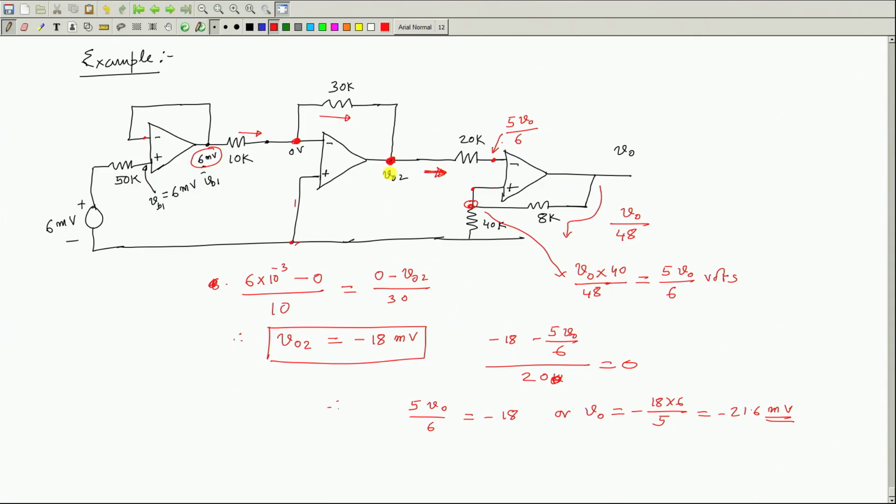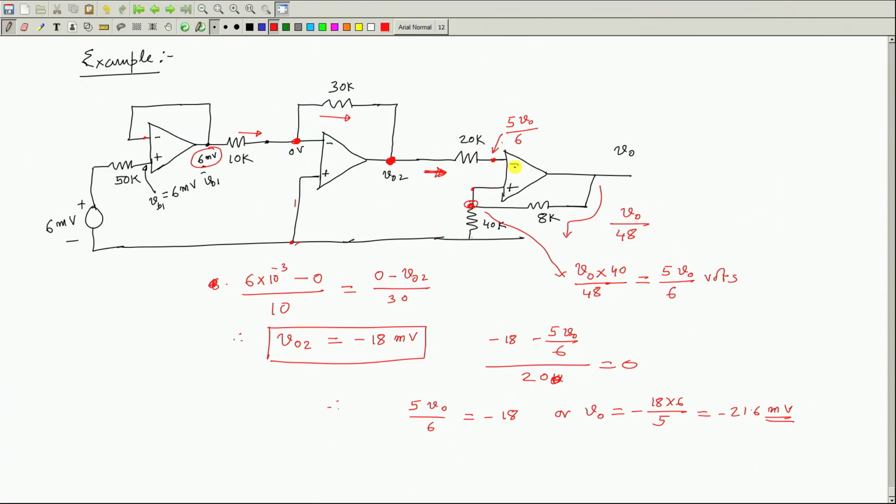So, from that I got the value of V naught 2 output, and once I get V naught 2 here, look at this third op amp, there will be no current. So, V naught by 48 into 40 will decide this potential, that potential you bring it here, but this op amp should not draw any current.